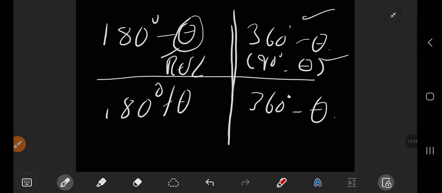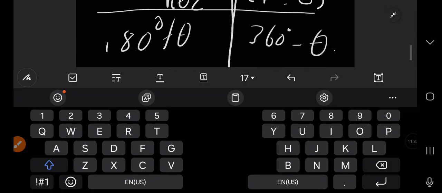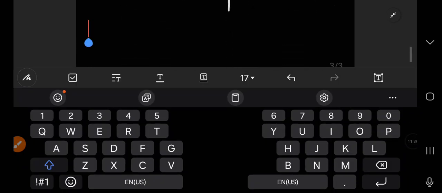We say that cos theta is positive in the first quadrant. The whole purpose is that when you solve for your angle, it's always going to be an acute angle. And this acute angle is going to exist in the first quadrant.